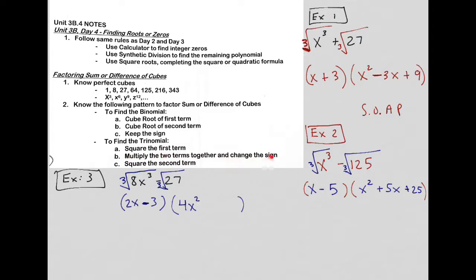Multiply the two terms together and change the sign. So negative 3 times 2x, that would be a negative 6x, so we change it to a positive 6x. And then the last one is to take this and square it. That's a 3 squared, and we know it's always going to be positive. So 3 squared is 9.